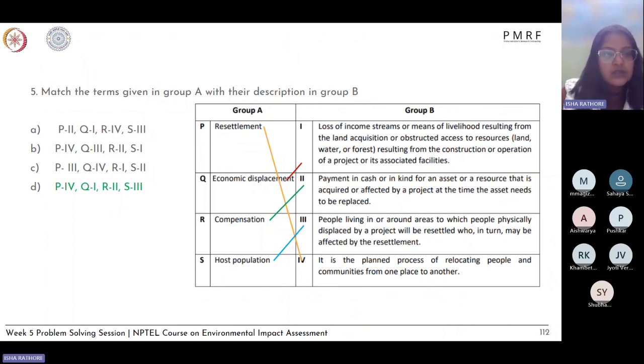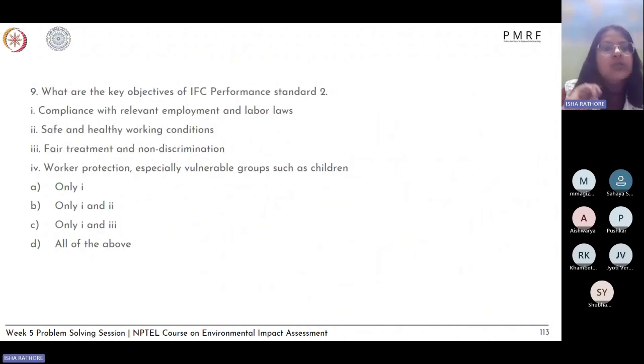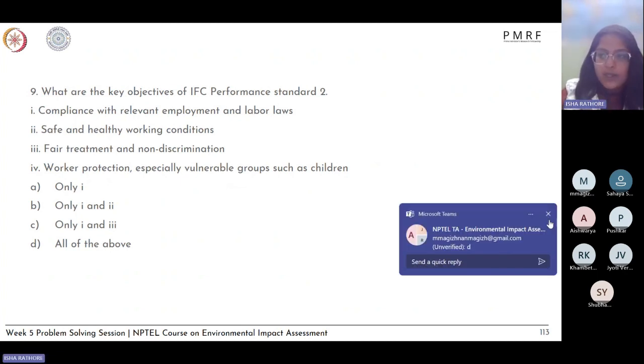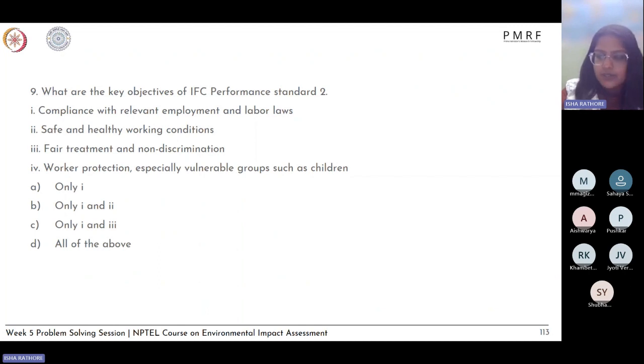Okay. So moving on, what are the key objectives of the IFC Performance Standard 2, which is on labor? So first is compliance with relevant employment and labor laws. Second, safe and healthy working conditions. Third, fair treatment and non-discrimination. And fourth, worker protection, especially vulnerable groups such as children. Okay, so we have one answer D, that is all of the above.